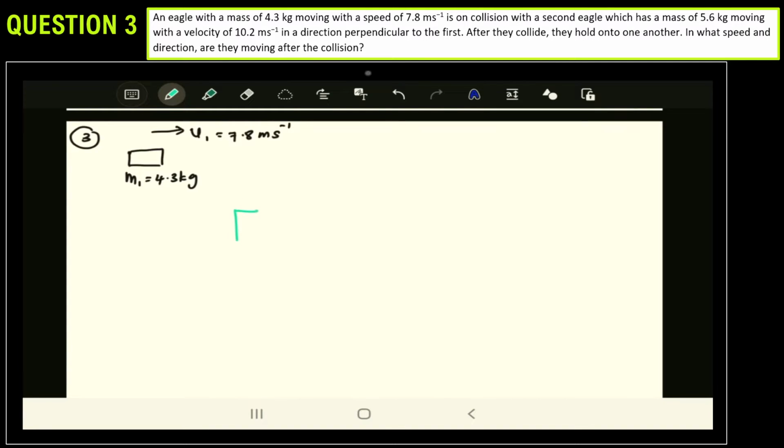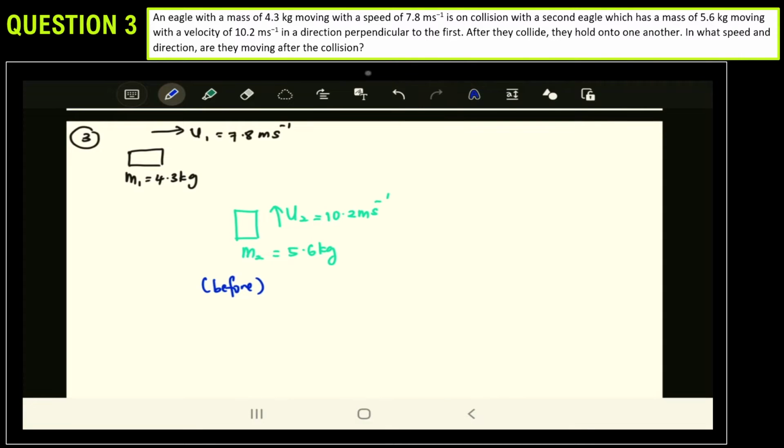So let's say I have the second eagle, and its direction is perpendicular to the first one. That means when u1 is moving in the x direction, u2 is moving in the y direction. So I will write u2 here, where u2 is equal to 10.2 meters per second, and the mass of the second is 5.6 kg. So this is before collision.